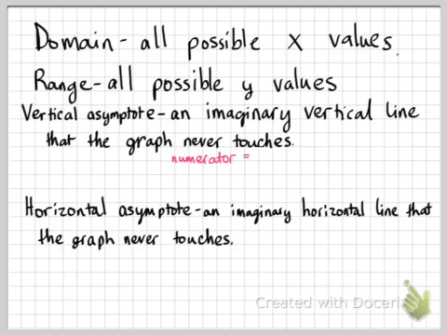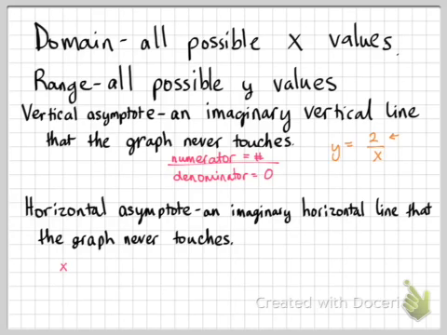Now, vertical asymptotes happen where the numerator equals a number, but the denominator equals 0. So you know in this family of functions how we tend to have something like y equals 2 divided by x. Well, as long as there's a number in the numerator, that works.